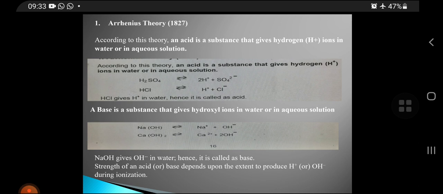It is simply identified by how much H plus or OH minus ion is produced. That determines whether an acid is strong or weak, or a base is strong or weak.